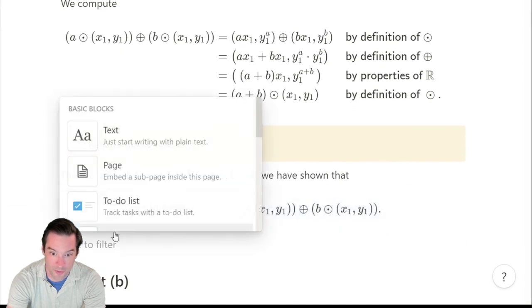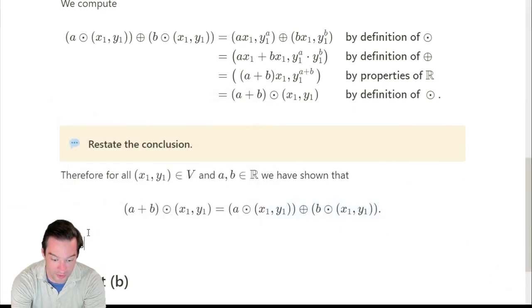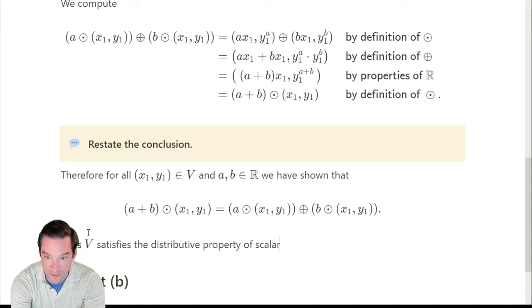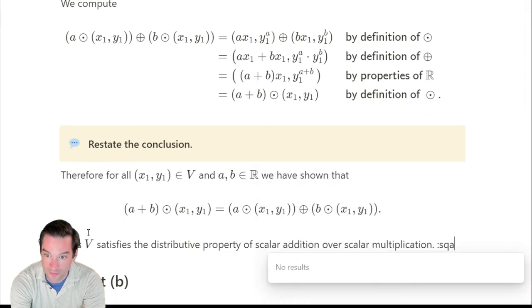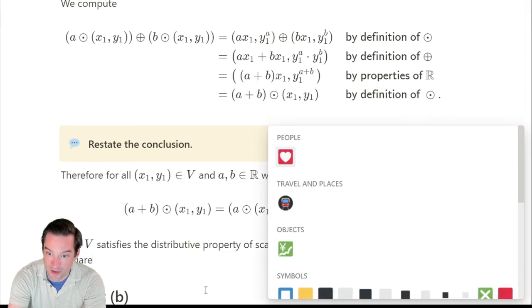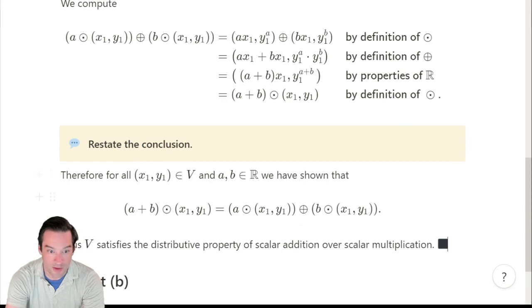And I suppose we'll say the word thus. Thus V satisfies the distributive property of scalar addition over scalar multiplication. Put in a black square or whatever is your favorite end of proof symbol, and then we can be done.